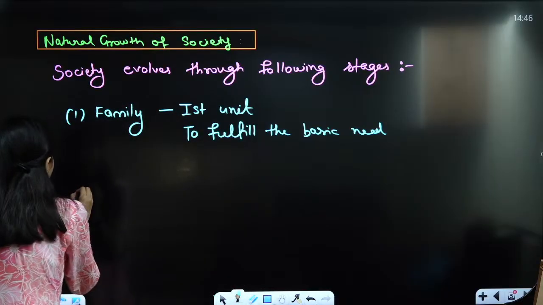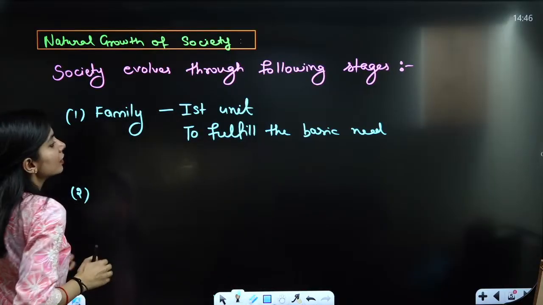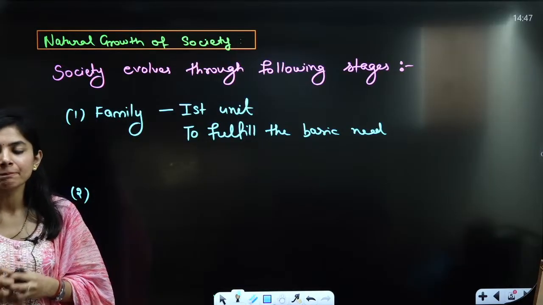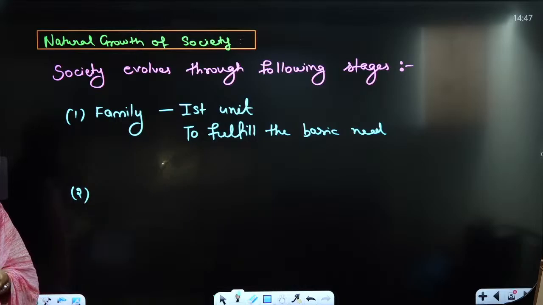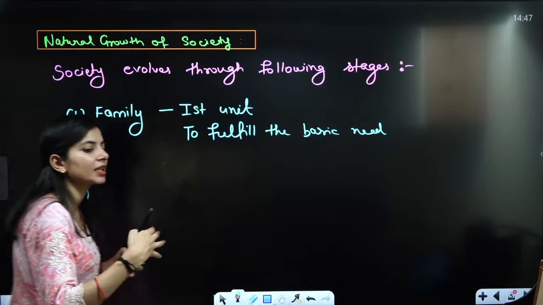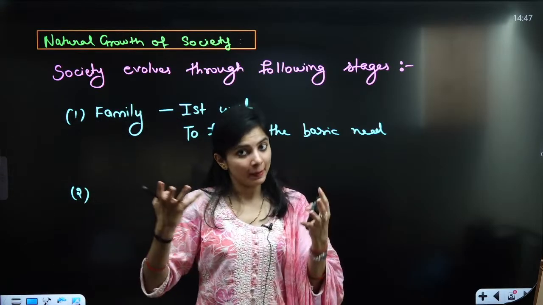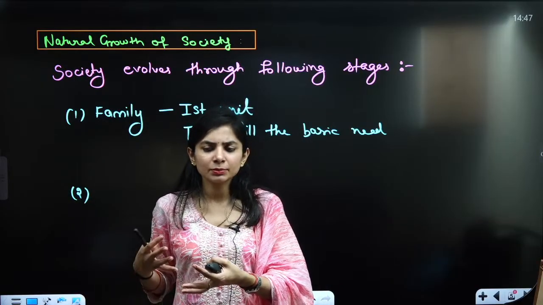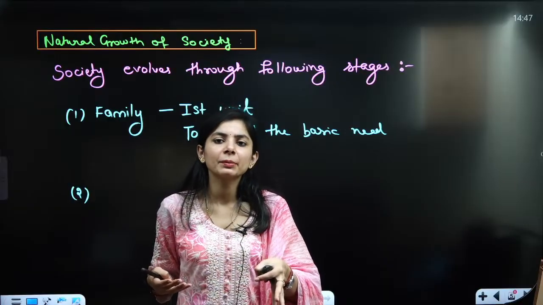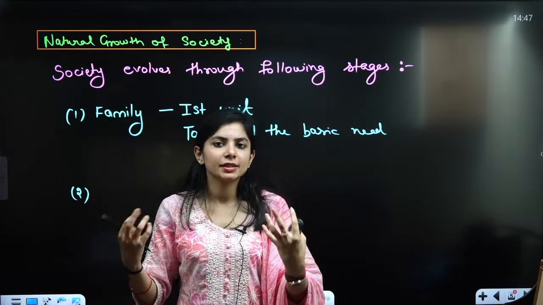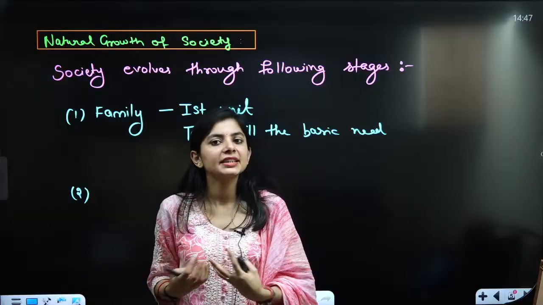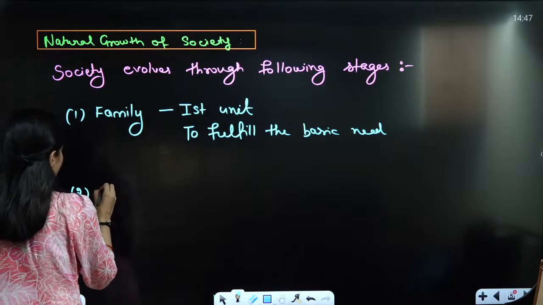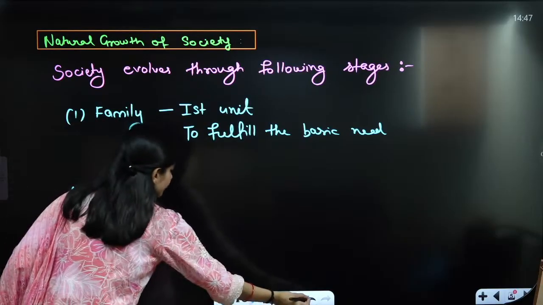Once we have fulfilled our complete needs from the family, we would be facing some sort of transition, changing into the village. The families, for their protection, also require some sort of support, and this support is provided by the village, the group, the area where these people are living. So the second stage would be the village.